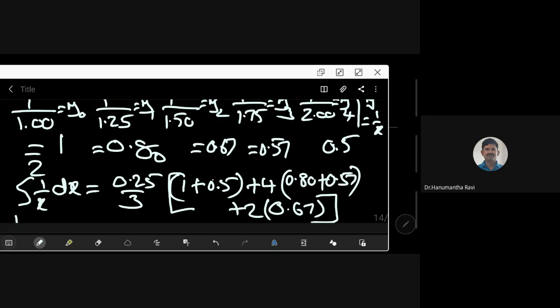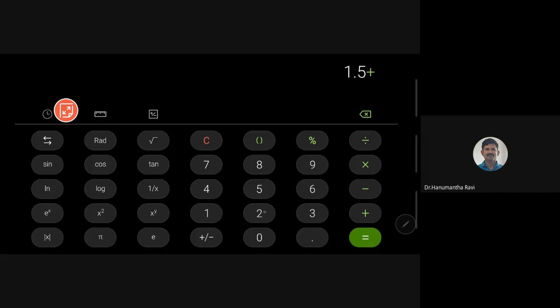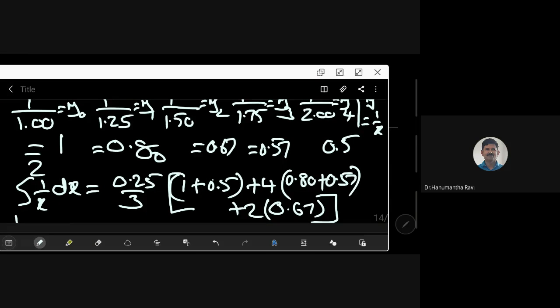So 0.8 plus 0.57 is 1.37. 4 into 1.37, plus 2 into 0.67.